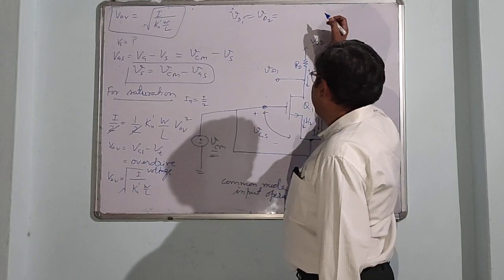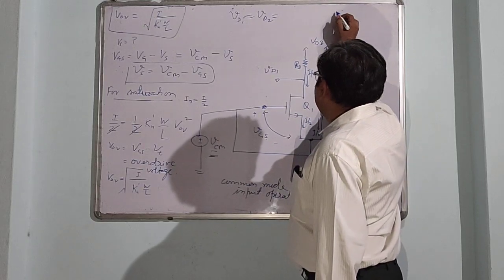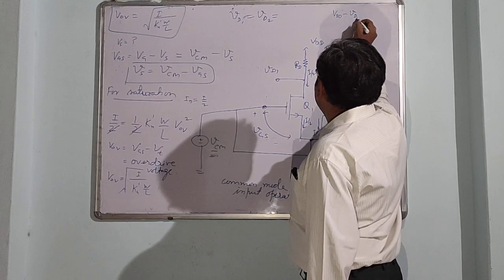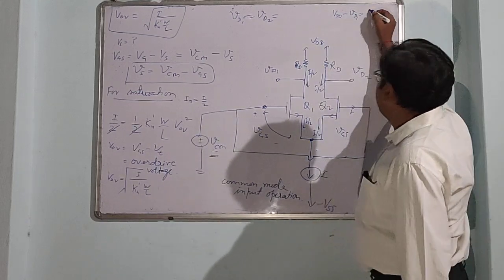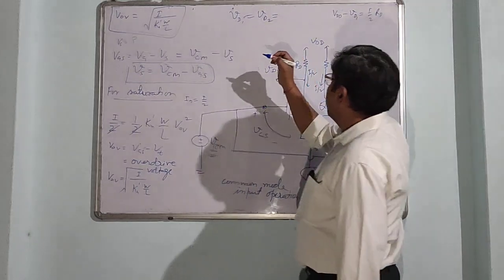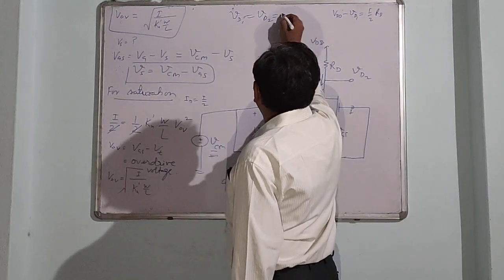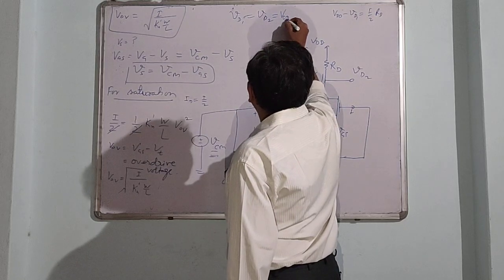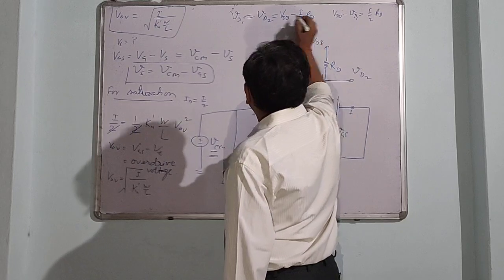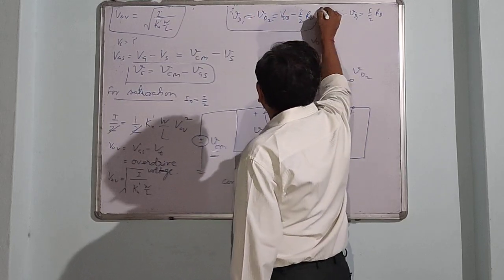As you know, VDD minus VD1 equals I by 2 into RD. So from here you can write VD1 equals VDD minus I by 2 RD. These two voltages are the same.